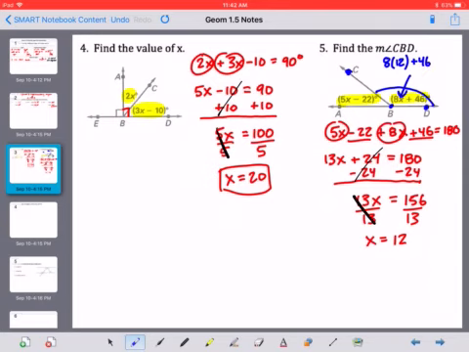Well, 8 times 12 is 96. So 96 plus 46 gives us 142 degrees for our answer. All right, so just remember to always go back and make sure you answered the question. So now we found the angle. The measure of angle CBD was 142 degrees.